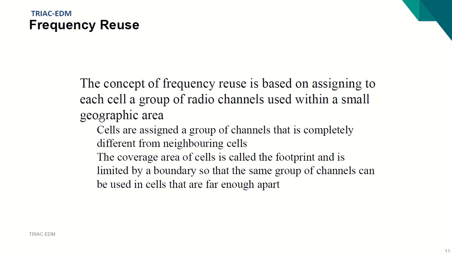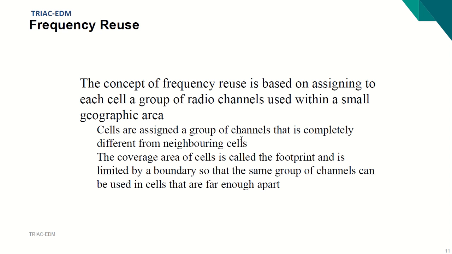Then the concept of frequency reuse. Frequency reuse is based on assigning to each cell a group of radio channels used within a small geographic area. So cells are assigned a group of channels that is completely different from neighboring cells.